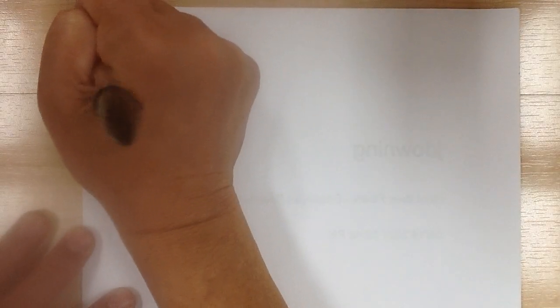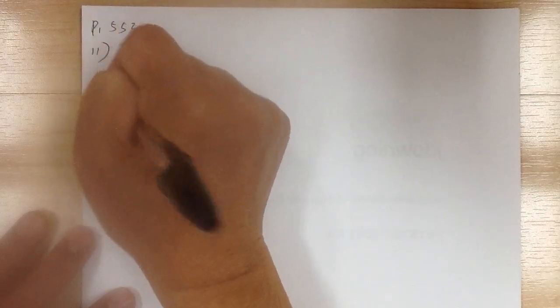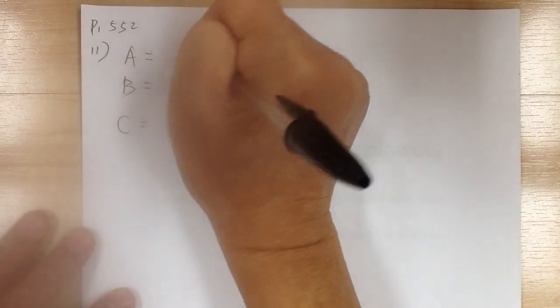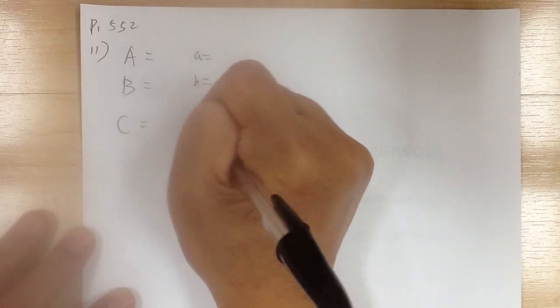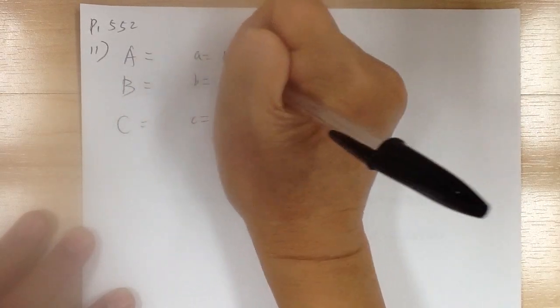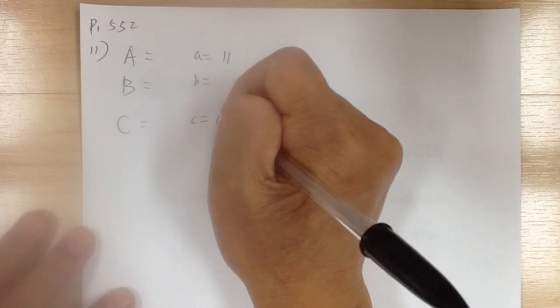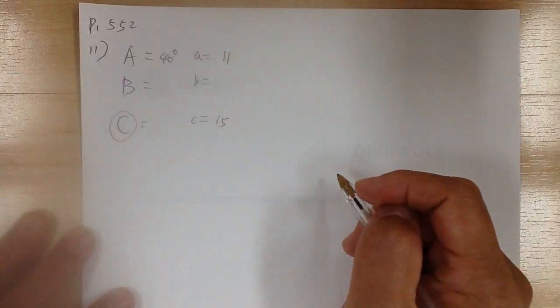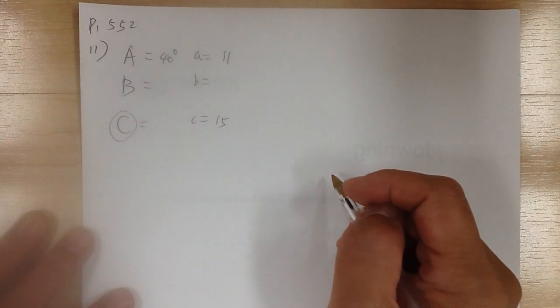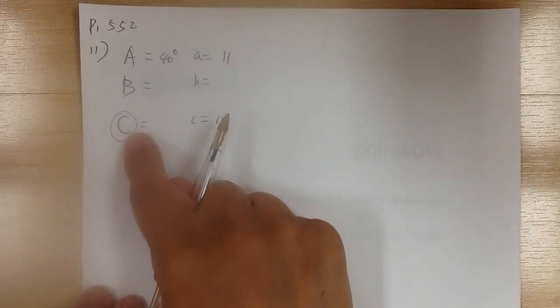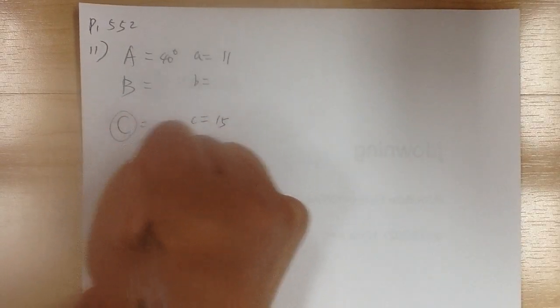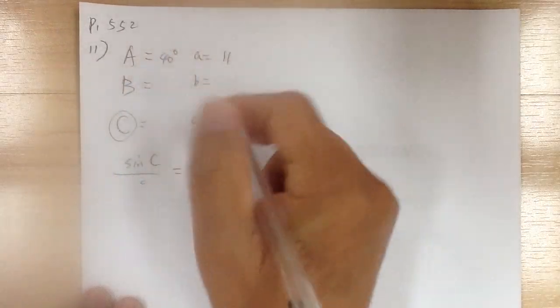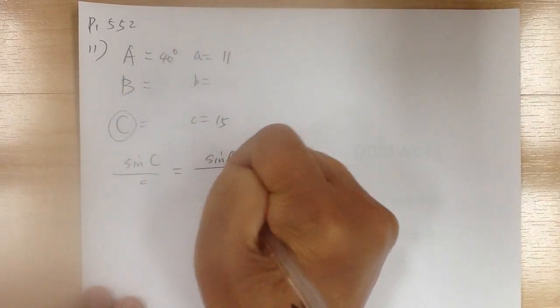Okay, let's go to the next one. Okay, so A is 11, C is 15, angle A is 40 degrees, and you're looking for angle C. Okay, so again, looking for angle C, so let's start with sine C over small c, and this one is given, so it would be sine A over small a.